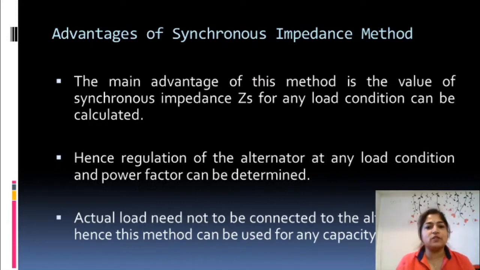Another advantage of this method is that you need not actually connect load to get the regulation, and hence this method is useful for high capacity alternators, because mostly the alternators are of very high range, 100 MVA to 500 MVA. So actually loading the alternators is not practically possible. That is why the synchronous impedance method can give you the regulation value without actually loading the alternator. That is the advantage of synchronous impedance method.